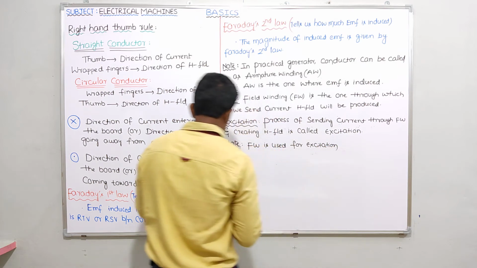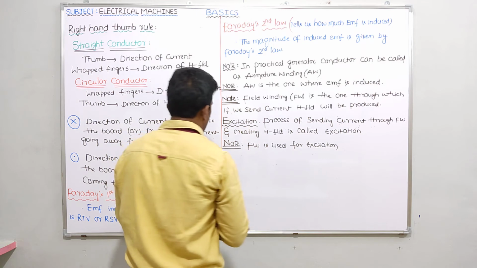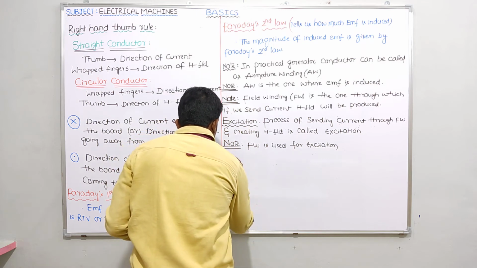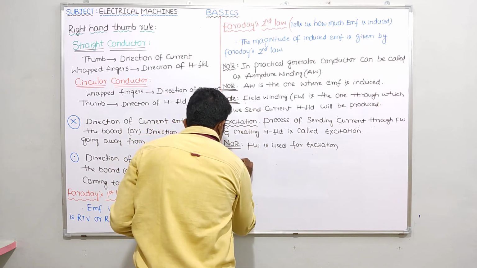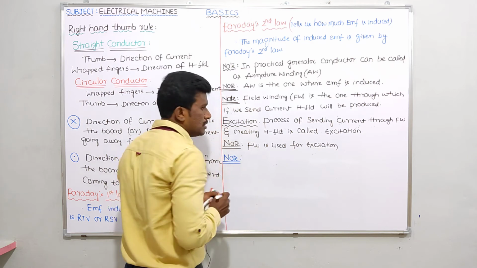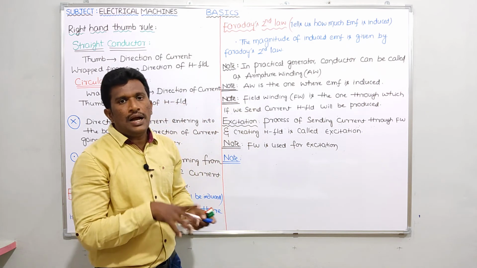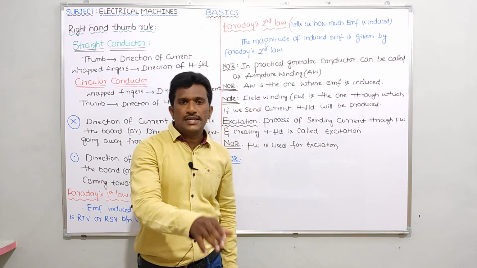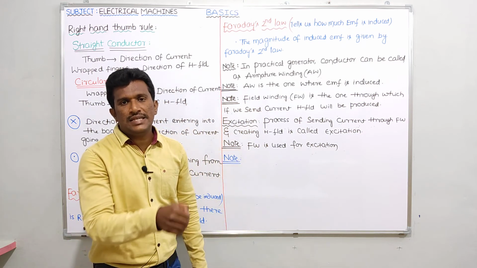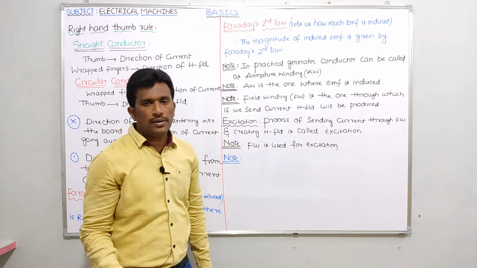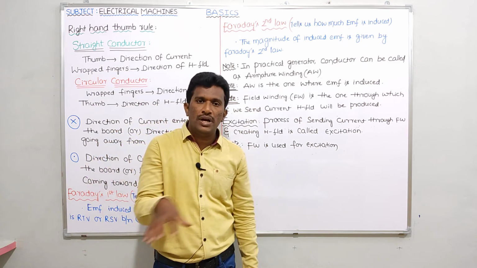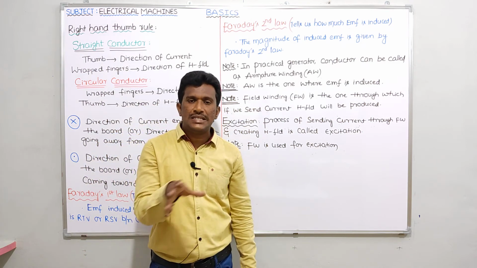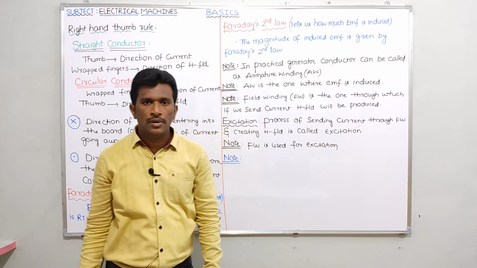Okay, and let me give one more note. Yes, see guys, if you take alternator, what is the other name for alternator? Synchronous generator. If you take synchronous motor, if you take DC generator, if you take DC motor, all these four machines can be called double excited machines. Very simple reason.